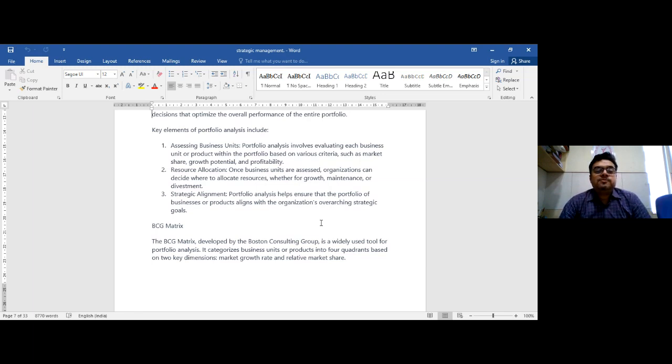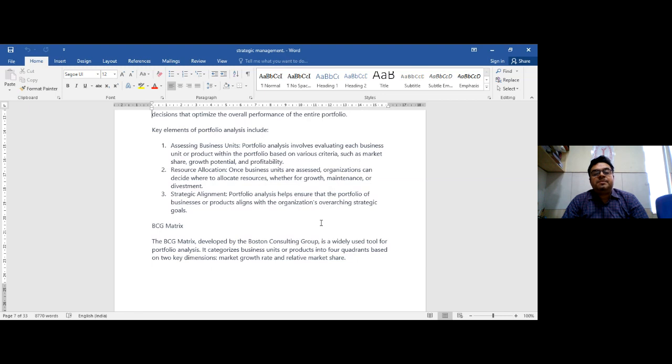So this is about portfolio analysis in the background, and from here we move ahead with what we call the concept of the Boston Consulting Group matrix. The BCG matrix, developed by the Boston Consulting Group, is a widely used tool for the purpose of portfolio analysis.